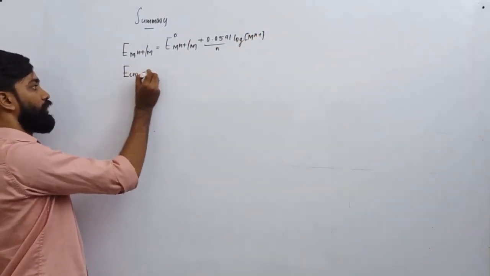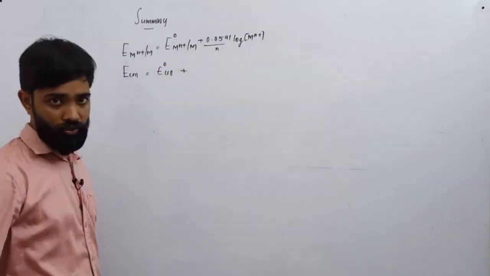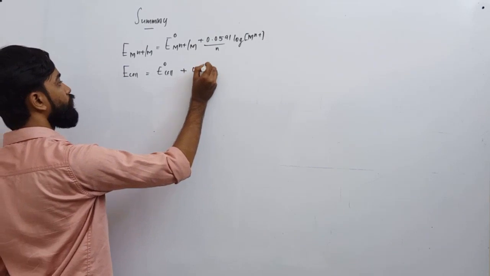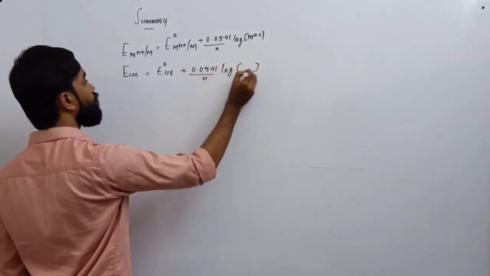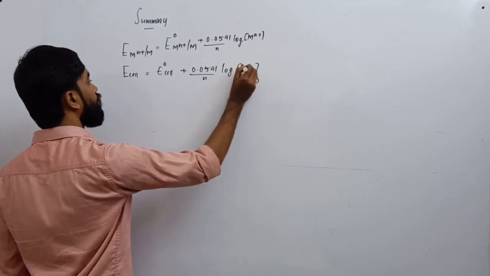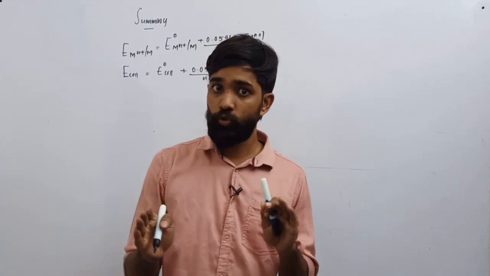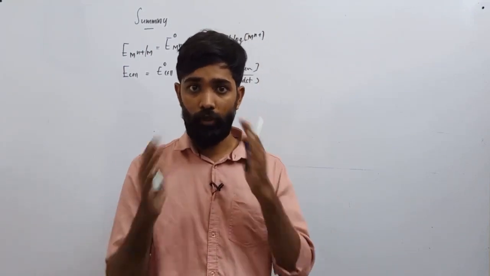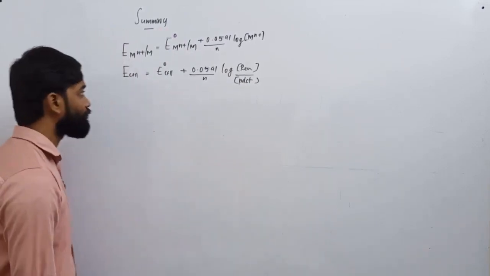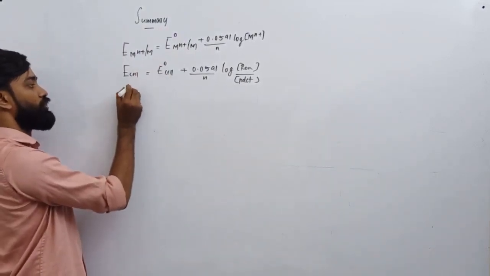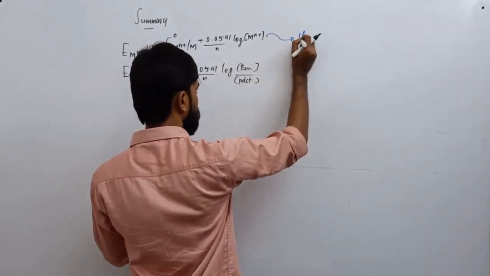Cell EMF is equal to E0 cell plus 0.0591 by n log the concentration of reactant by product, and you have to choose which one is reactant, which one is product by looking at the cell reaction.